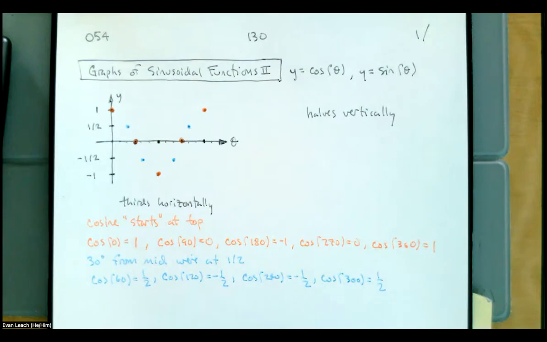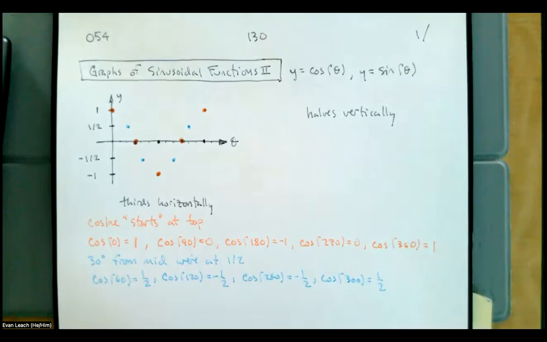Then our strategy for drawing a nice sinusoidal function is to connect the middle, the 1/2, and the negative 1/2 with lines. Just draw nice lines. They're not actually perfect lines, but they're really close to being lines.